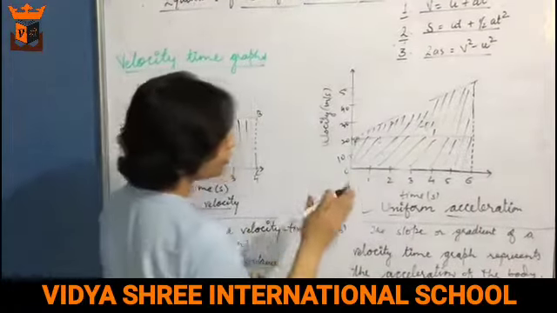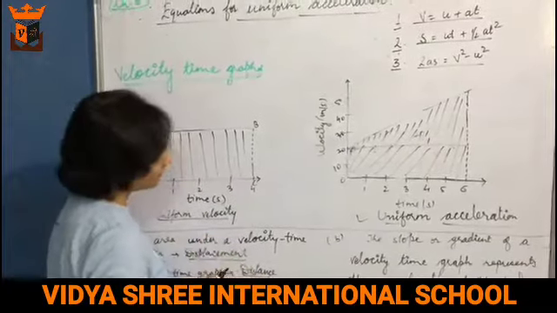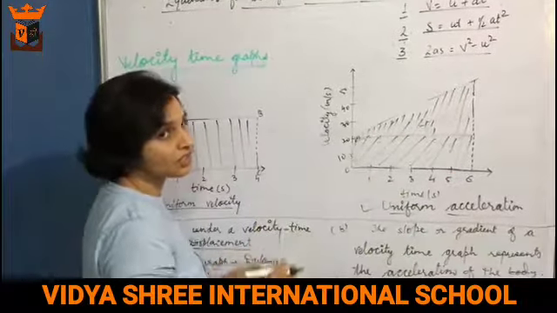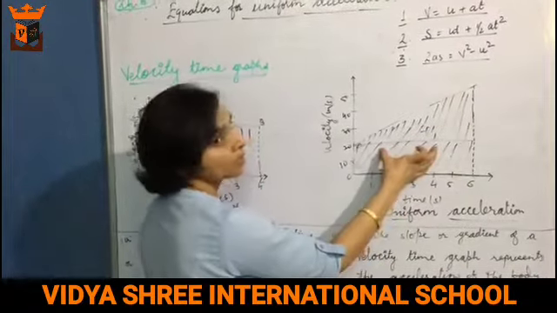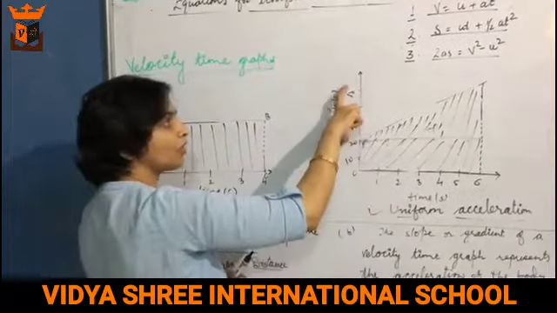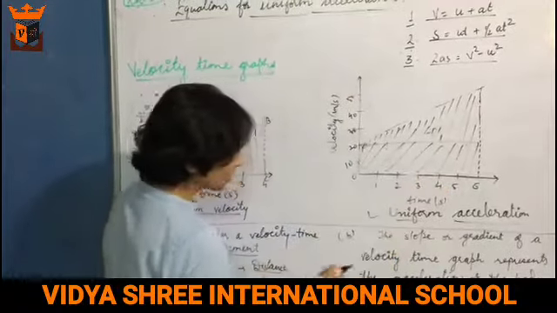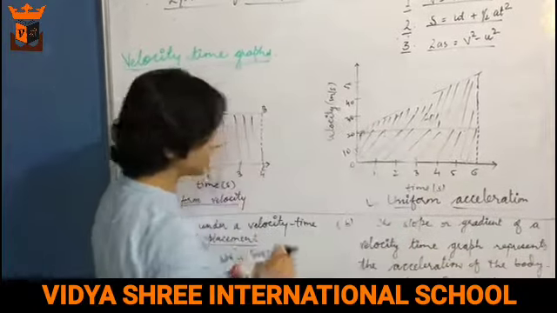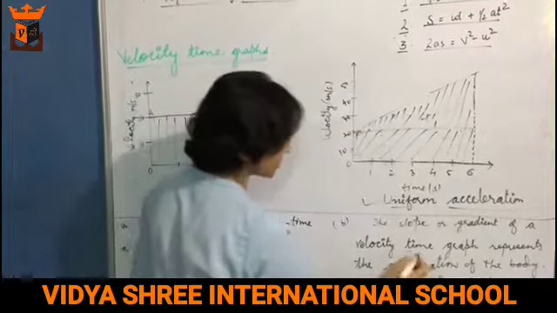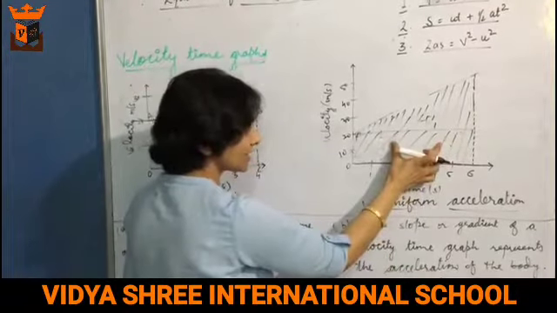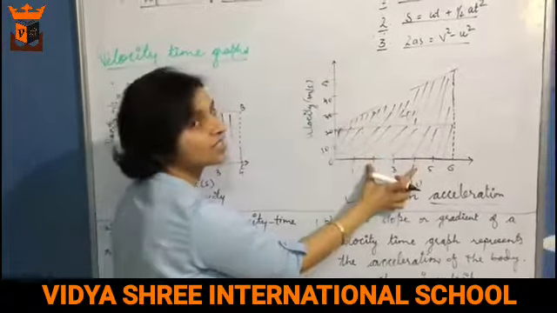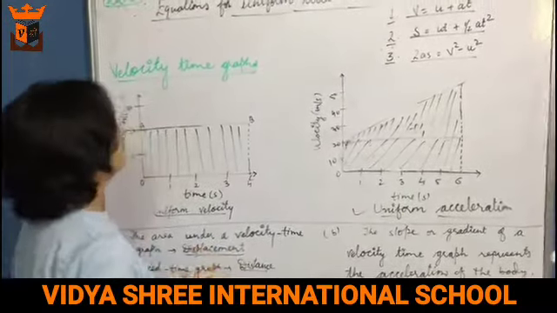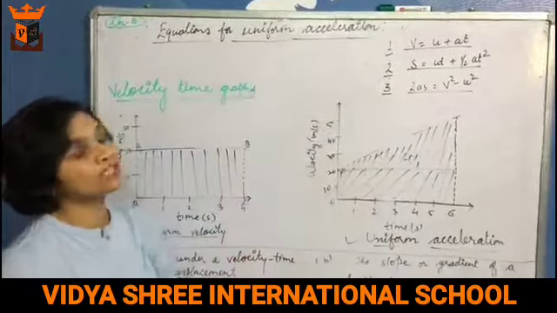So whether this is uniform or non-uniform, that will remain the same. But if we take the gradient, that is the slope, slope is tangent, that is perpendicular upon base. Perpendicular is velocity. Base is time. So the slope or gradient of this velocity time graph represents the acceleration, because this is change in velocity and this is time. So change in velocity upon time is acceleration.